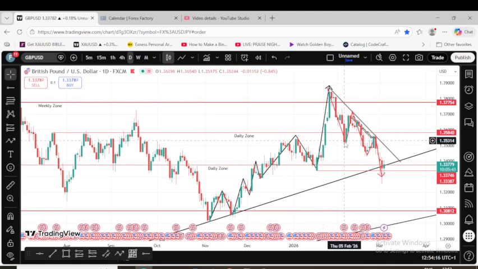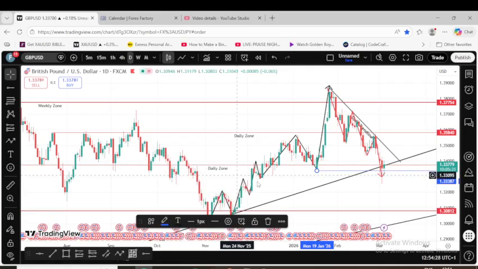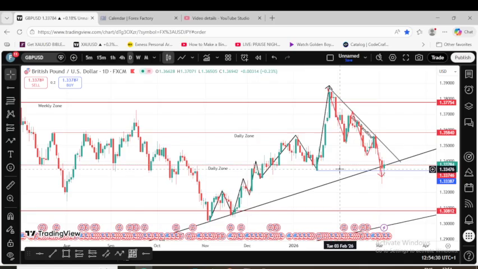So that means that we've had a bearish trend, but this bearish trend should be coming to its end. Unless the daily candlestick is able to break this, let me change it to blue. So unless the bearish trend is able to break this blue line and close below it on the daily time frame, we are still expecting price to go bullish.